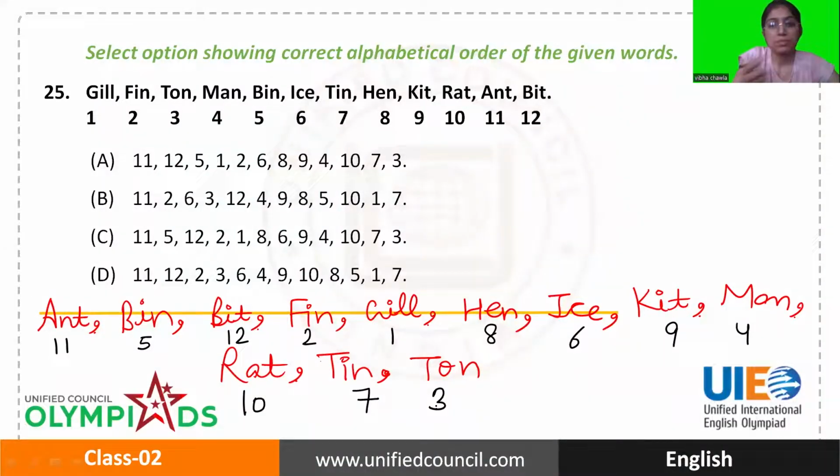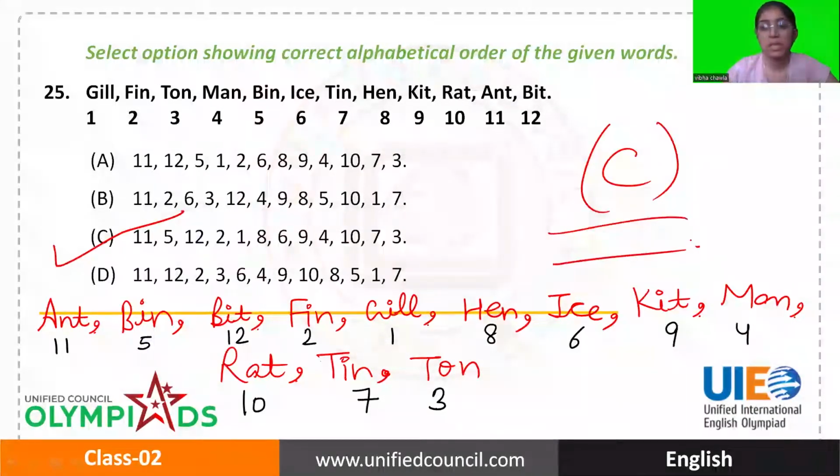So that's the sequence. 11, 5, 12, 2, 1, 8, 6, 9, 4, 10, 7, 3 is given in option C, making it the correct answer.